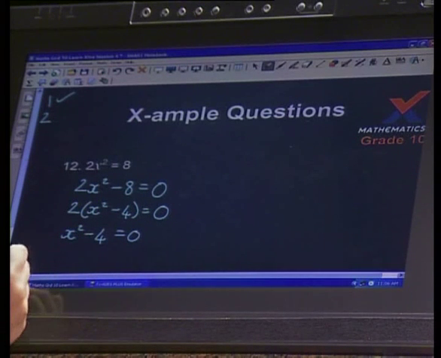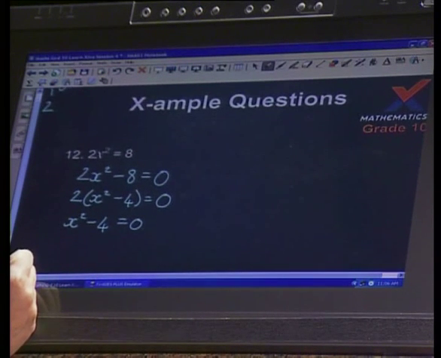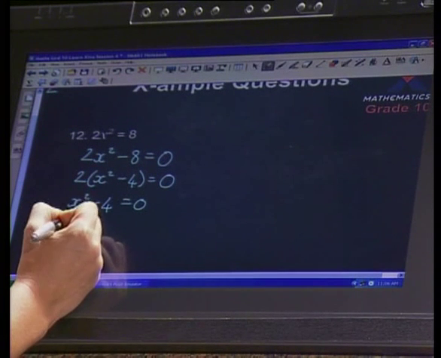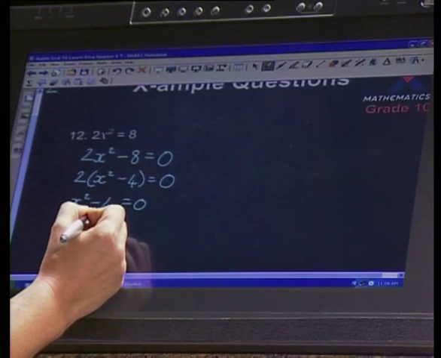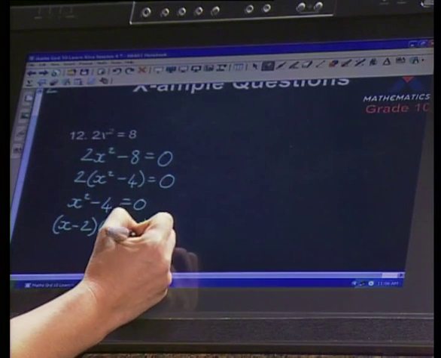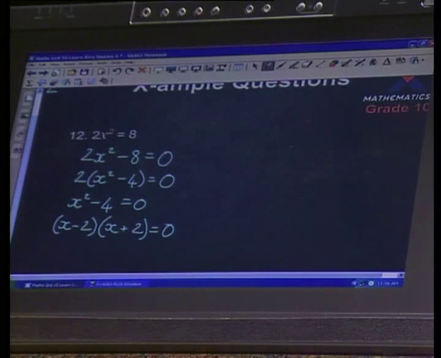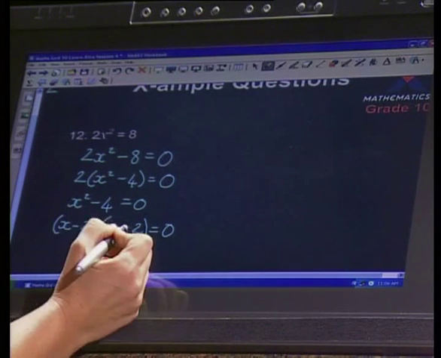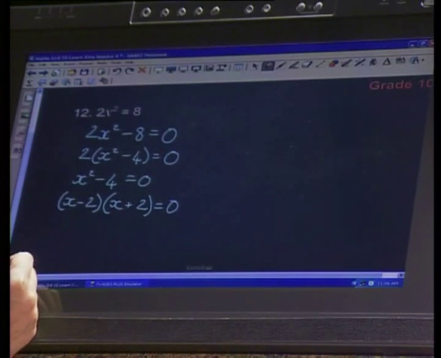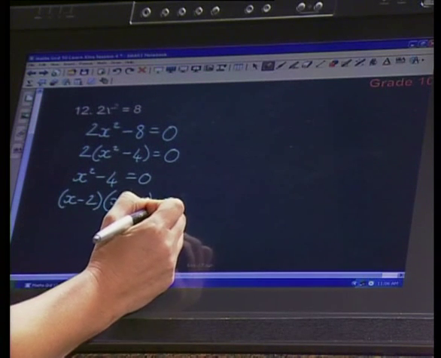Okay. Do I have any more common factors? No, I don't. Do I have a difference of 2 squares? Yes, I do. A difference of 2 squares are lovely. Nice and easy, if you remember the rules. And remember to think about things as you write them down, because often people don't think as they write something down, and they write down the wrong number. Have I factorized it completely?